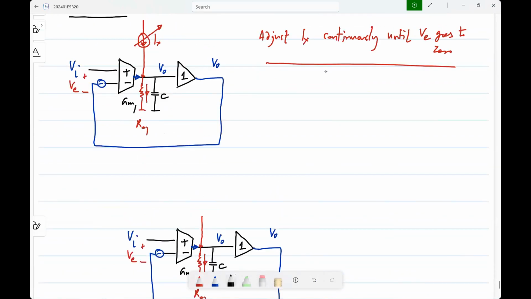No, the voltage across RO1 should still be VO, right?